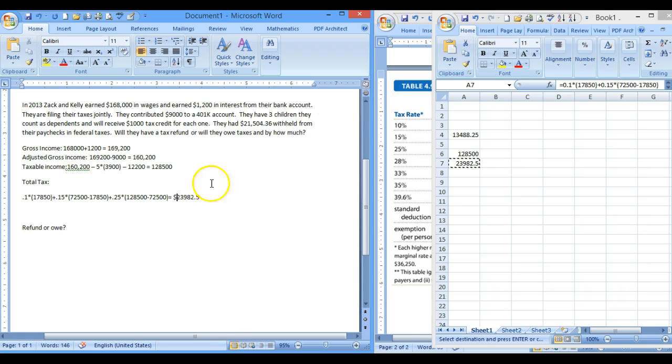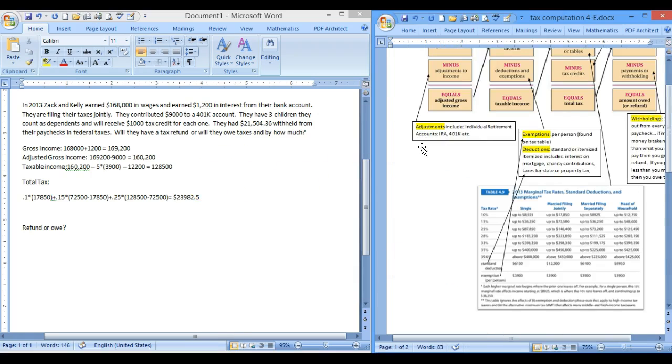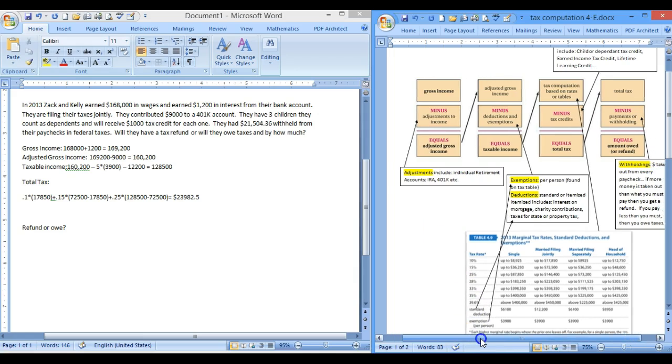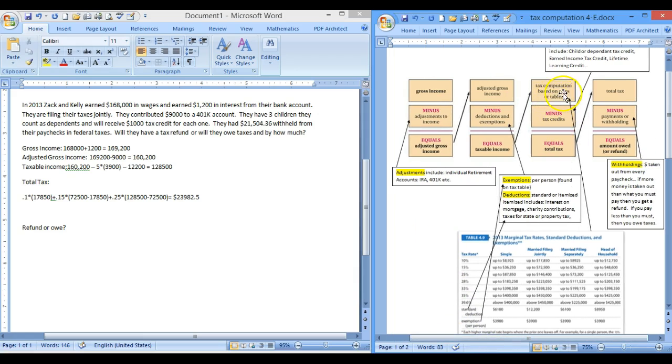Now, we're not quite done, because we did the tax computations. Now we need to subtract any tax credits. And they have 3 children that will receive a $1,000 tax credit for each one.